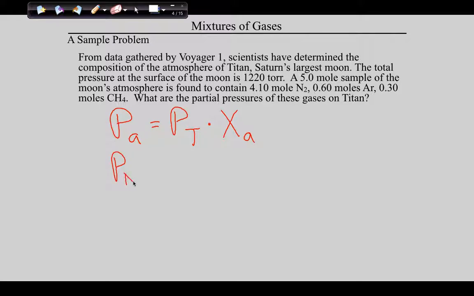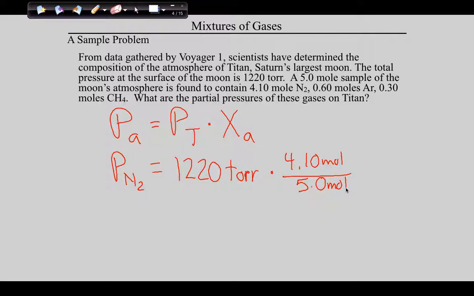So we want to know the pressure of nitrogen. But that is equal to the pressure total, which is 1,220 torr, times the mole fraction. Well, guys, as it says on your AP equation sheet, the mole fraction is moles of N2 divided by total moles. Well, it tells us moles of N2, 4.10 moles, and the total moles is 5.